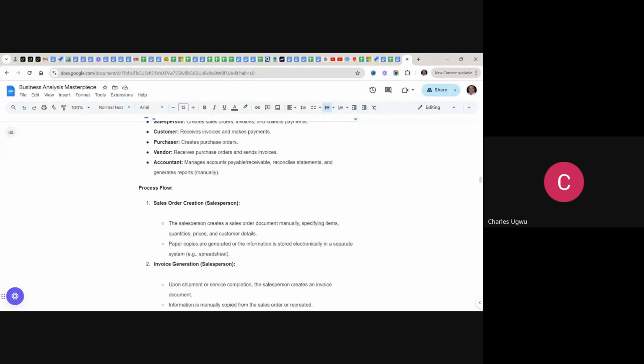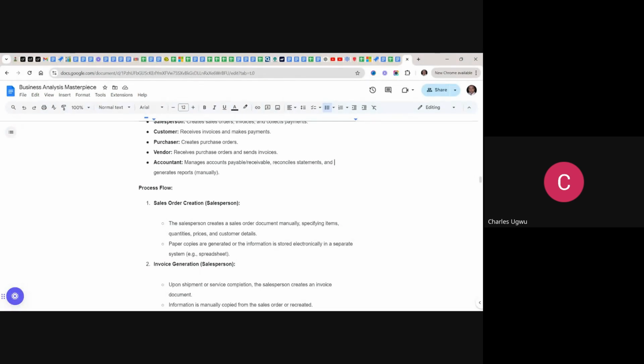And then when you are interviewing the salesperson, this is the process flow. You want to understand how things happen. You are trying to understand from this particular person, salesperson. This salesperson will then be telling you what they do. The salesperson creates sales order and documents manually.